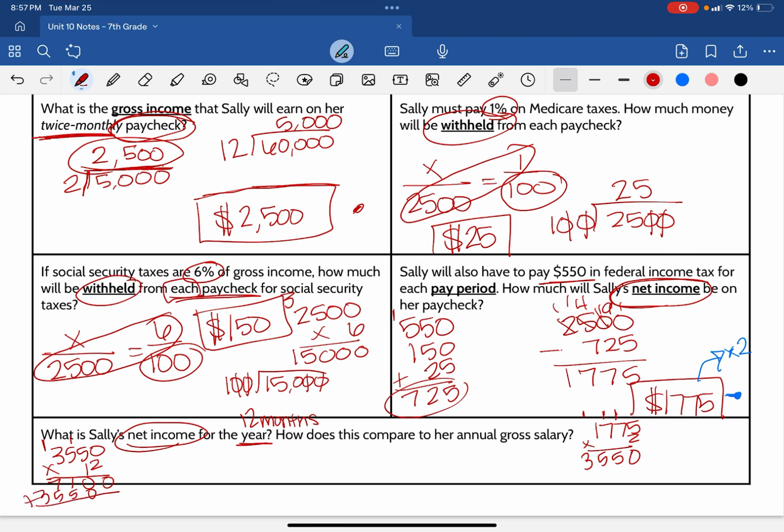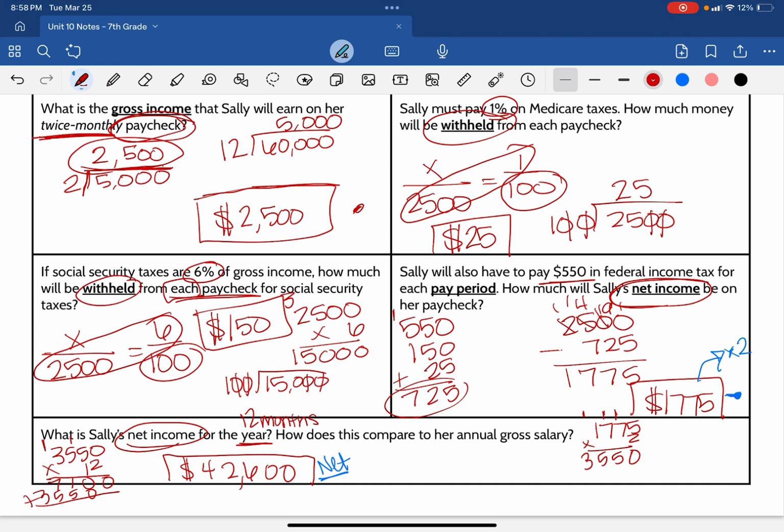So her net income for the year is $42,600. This is her net. So that's her net. How does this compare to her annual?